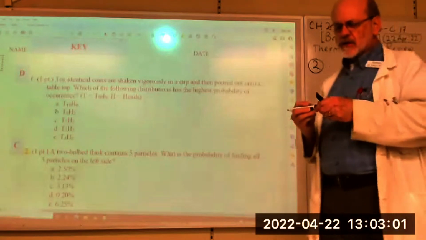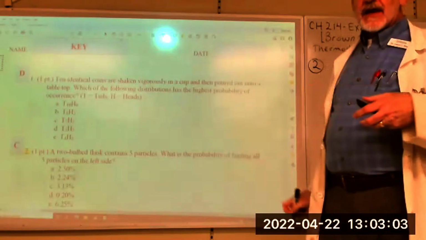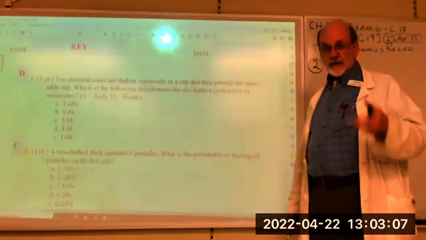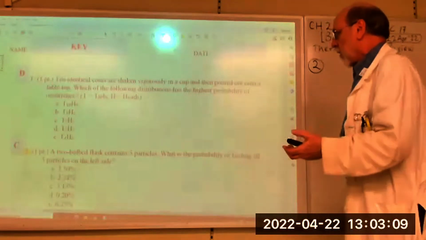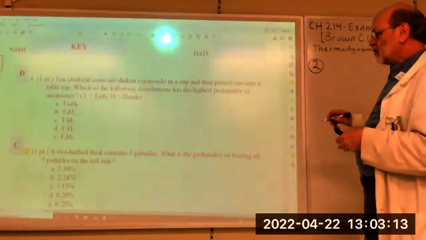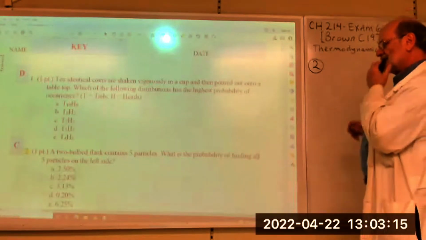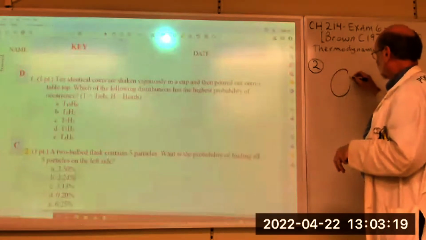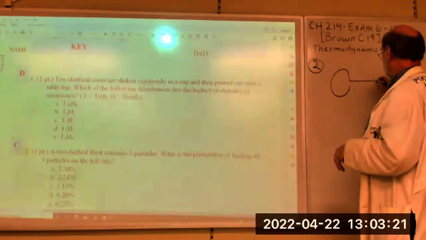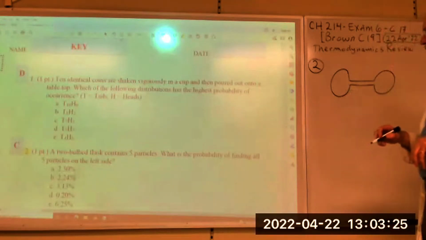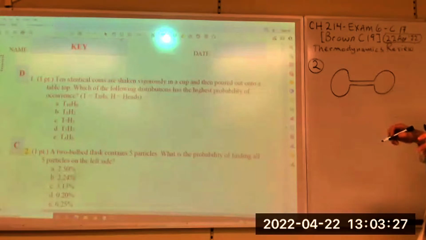So the point of number 2 is just to emphasize the statistical nature of thermodynamics. If you have 2 flasks that are connected, like that, and you have 5 particles.